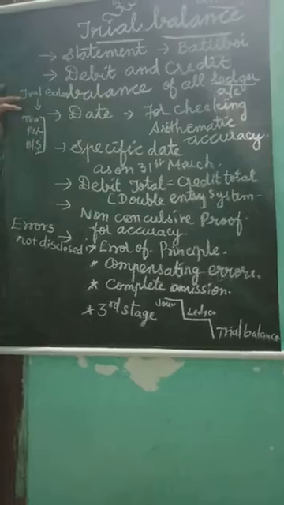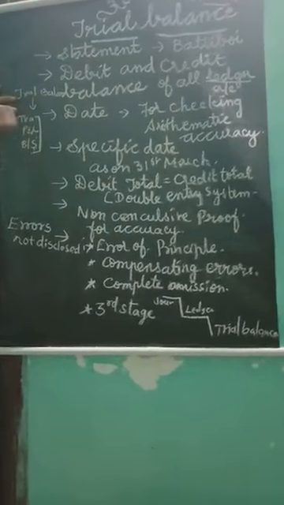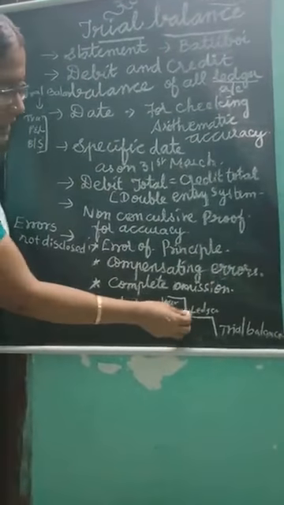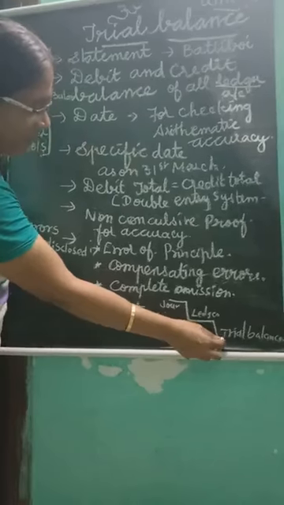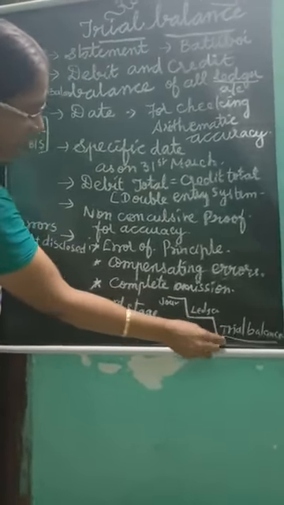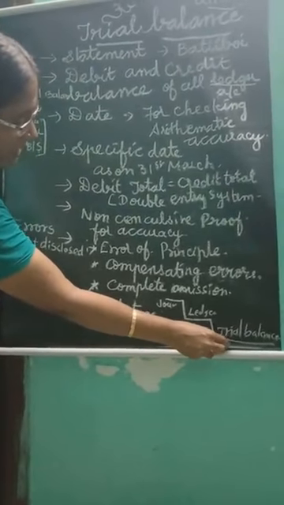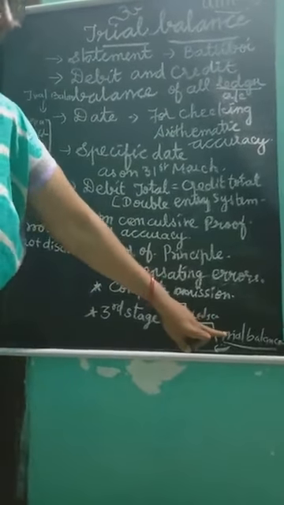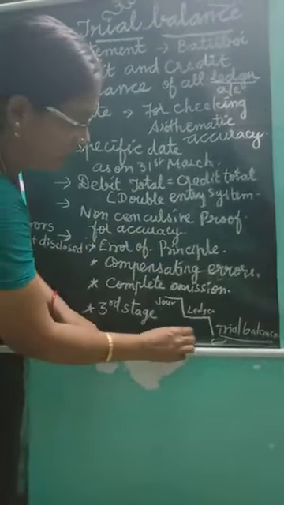After preparing the trial balance, you can recollect the accounting cycle. What have we done? Journal, ledger, trial balance. After that, what are we going to prepare? The basis is the trial balance. After the trial balance, if there are any errors in the ledger accounts, we can find out the errors.